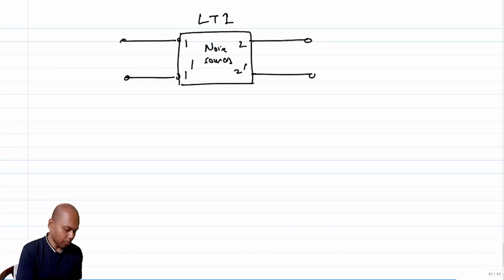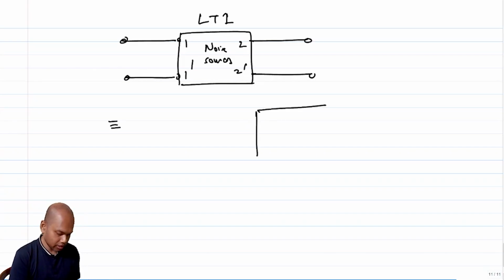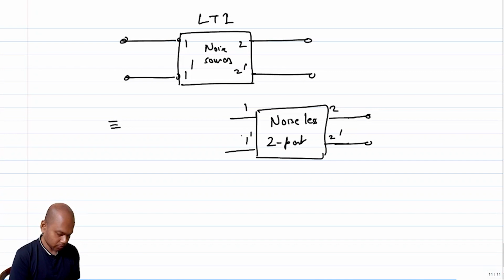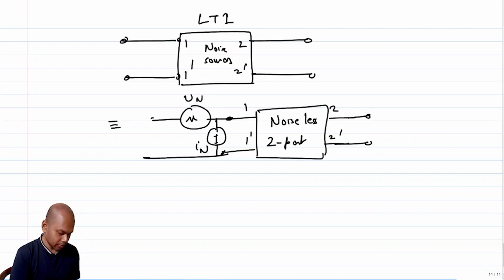So you can model this two-port network as a noiseless two-port with a contraption up front, and the contraption looks like a VN and an IN, like this.